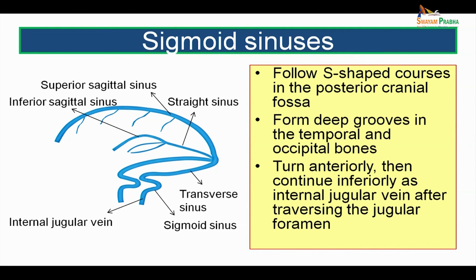They form deep grooves in the temporal and the occipital bones, turn anteriorly and then continue inferiorly as the internal jugular vein after traversing through the jugular foramen. The picture here shows us the two transverse sinuses on either side, each continuing as an S-shaped sigmoid sinus, and the sigmoid sinus in turn continuing as the internal jugular vein.